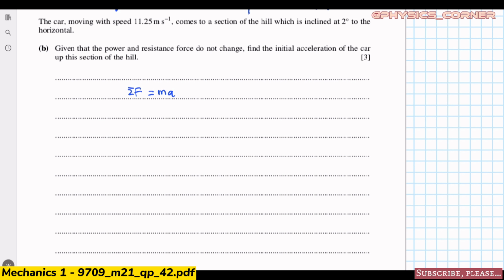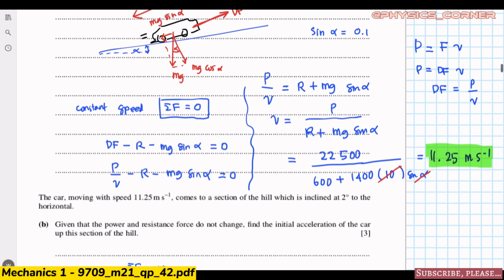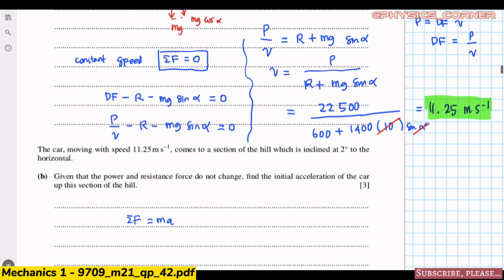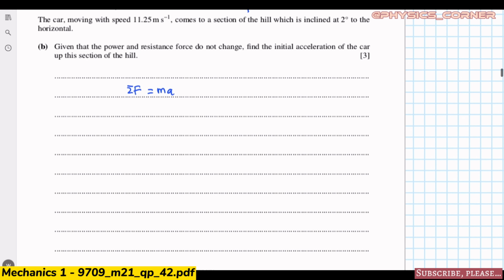Then we see on this diagram, total force equals driving force minus mg sin minus R. So we back here: this is driving force minus R minus mg sin 2 degree, because this is 2 degrees to the horizontal. So this equals ma.